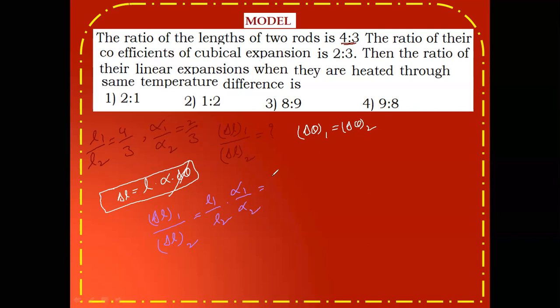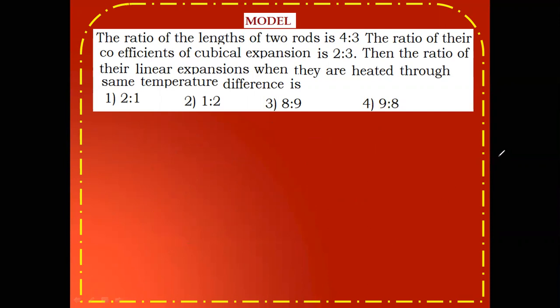L1 by L2 is 4 upon 3 multiplied with alpha 1 upon alpha 2, that is 2 by 3. So the answer will be 8 upon 9. This is also one of the important models. Simple model only. Clear? Right. Next.